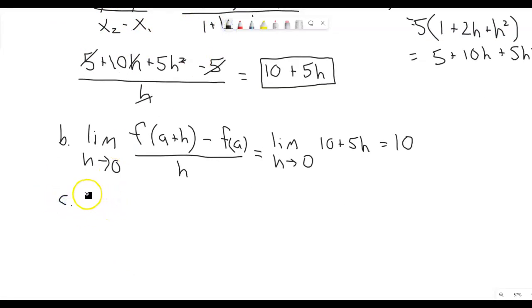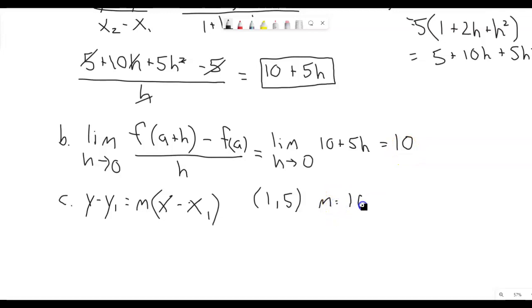So we have y minus y1 is equal to m times x minus x1. It's going to look like this, where our point is (1, 5) and our slope is what we just found, 10, because we're asking for the slope of the tangent line.